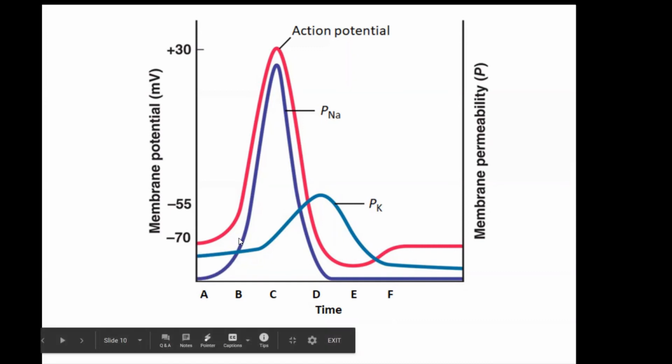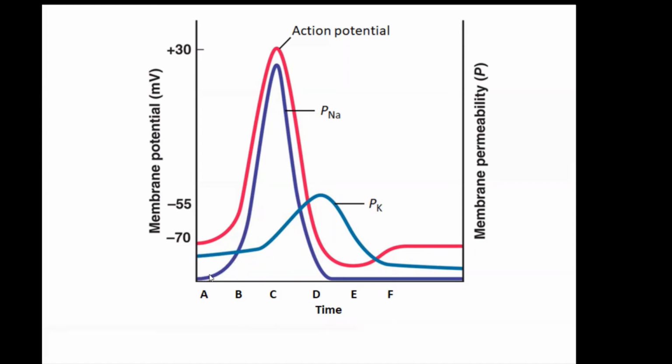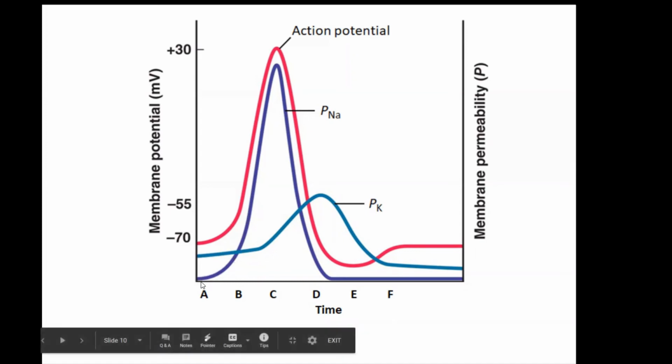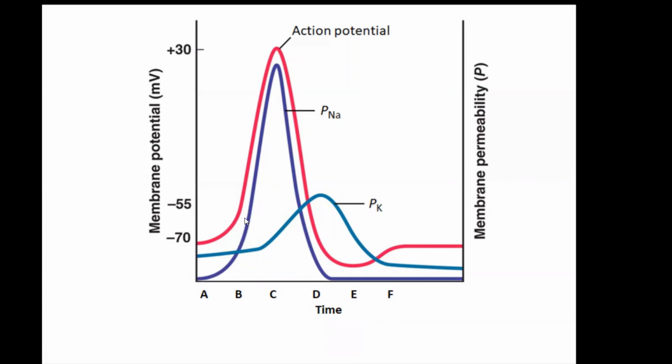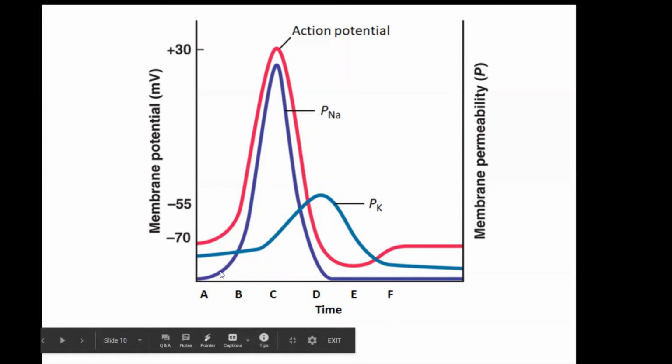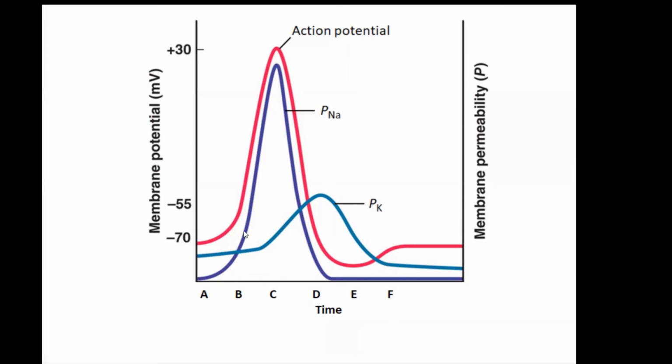As we go up to negative 55 using graded potentials, right? Our graded membrane potentials were in response to stimuli, excitatory stimuli, get us up to negative 55. So these excitatory stimuli allow some type of sodium channels to open, probably ligand-gated sodium channels.